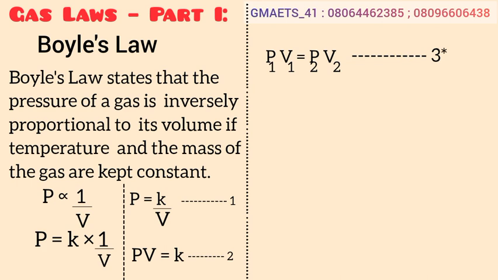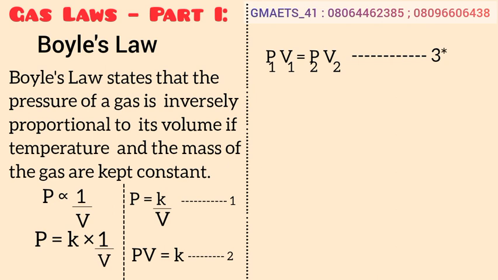What do we mean by that, which gave us equation 3 asterisk there? It's simply telling us that if pressure times volume PV is equal to a constant, then we can write the initial condition of pressure times volume of the gas, which is P1 V1, and this will be equal to the final condition or state of the gas in terms of pressure times volume, which is P2 times V2.